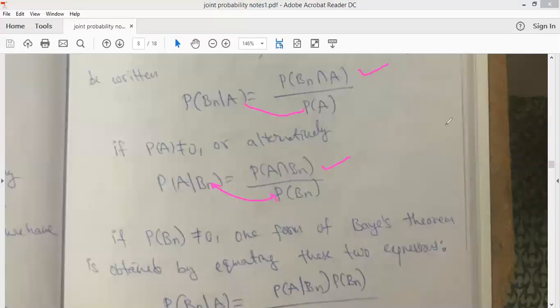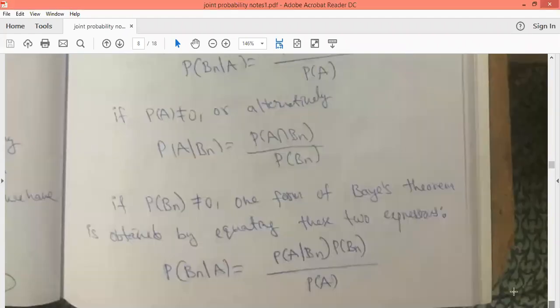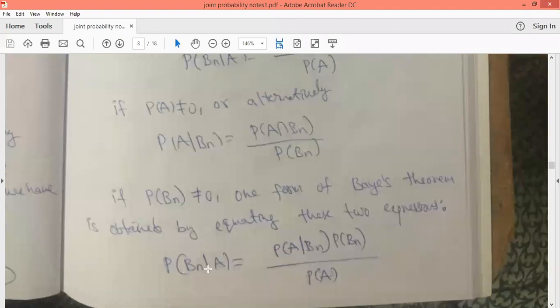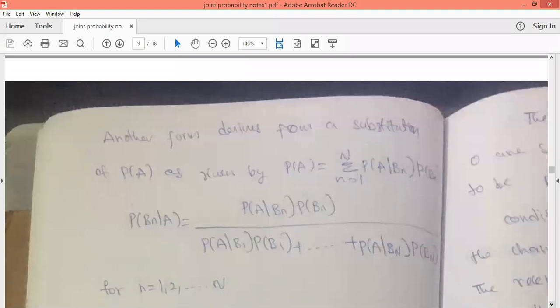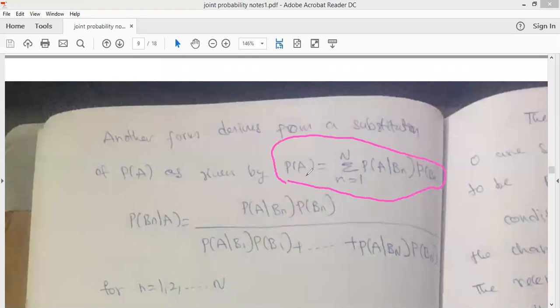So from these two we will be getting Bayes' theorem. Bayes' theorem is nothing but probability of Bn given A will be equal to probability of A given Bn into probability of Bn divided by probability of A. In the last section, we discussed that if there are n mutually exclusive events, then the total probability of A is given by this equation: probability of A is equal to summation n is equal to 1 to n of probability of A given Bn into probability of Bn.